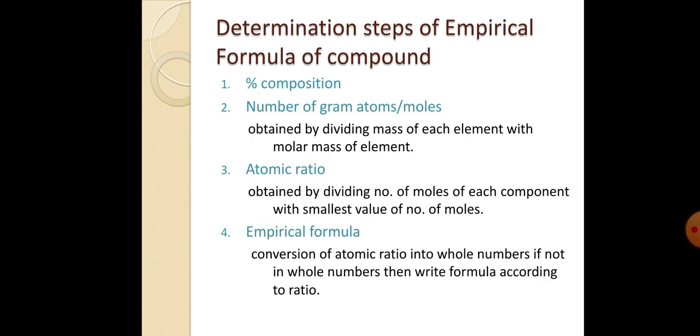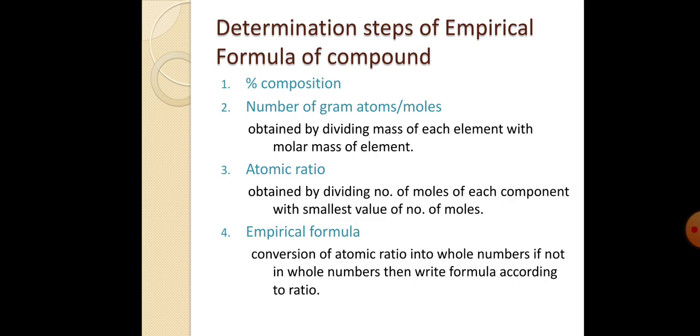Now come to the next part of our topic: how we can determine the empirical formula of a compound. We can determine the empirical formula of a compound if we know the percentage composition of elements present in the compound. After determination of the composition of elements, the next step is to calculate the number of gram atoms or number of moles of each element.